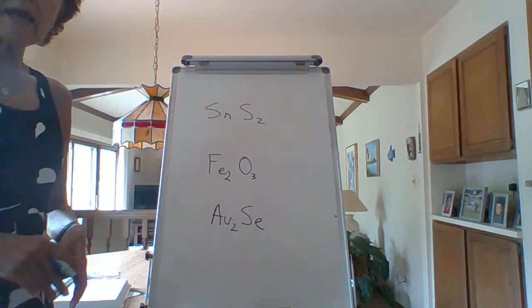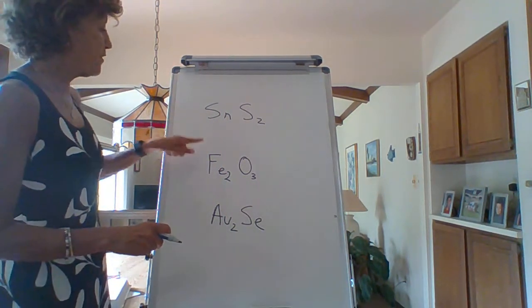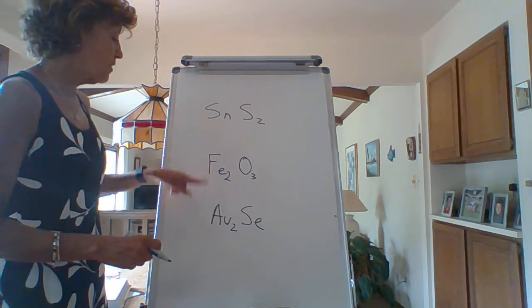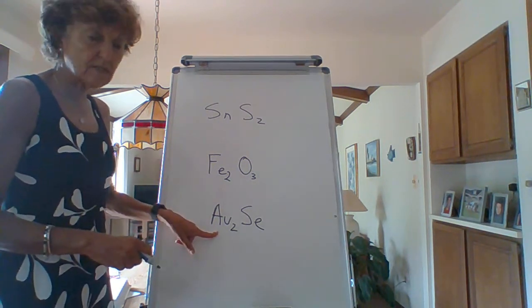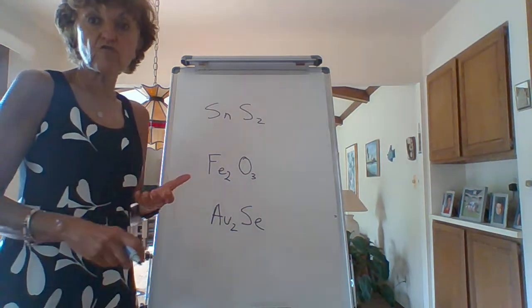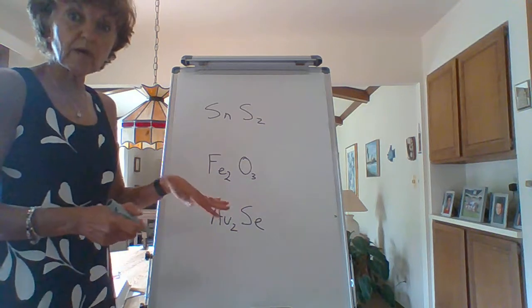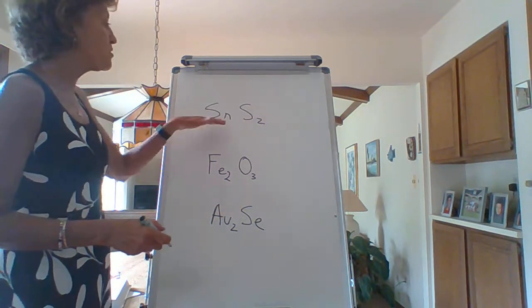Okay, so I have 3 variable charge metals. This is tin, this is iron, and this one is gold. It's not silver, it's gold. And I know I never gave you the charge of gold, but you can figure it out based on what we're doing today. All right, so let's start off with this one.